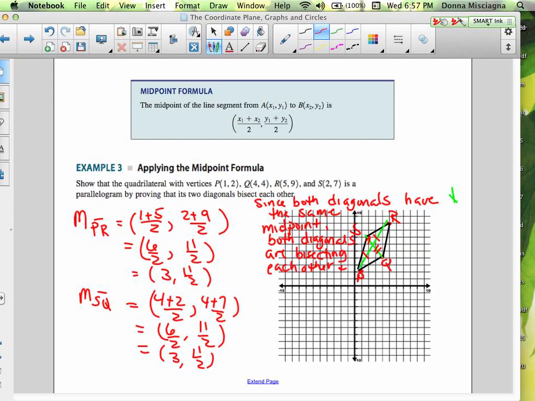And PQRS is a parallelogram. There we go. We have shown it to be true.